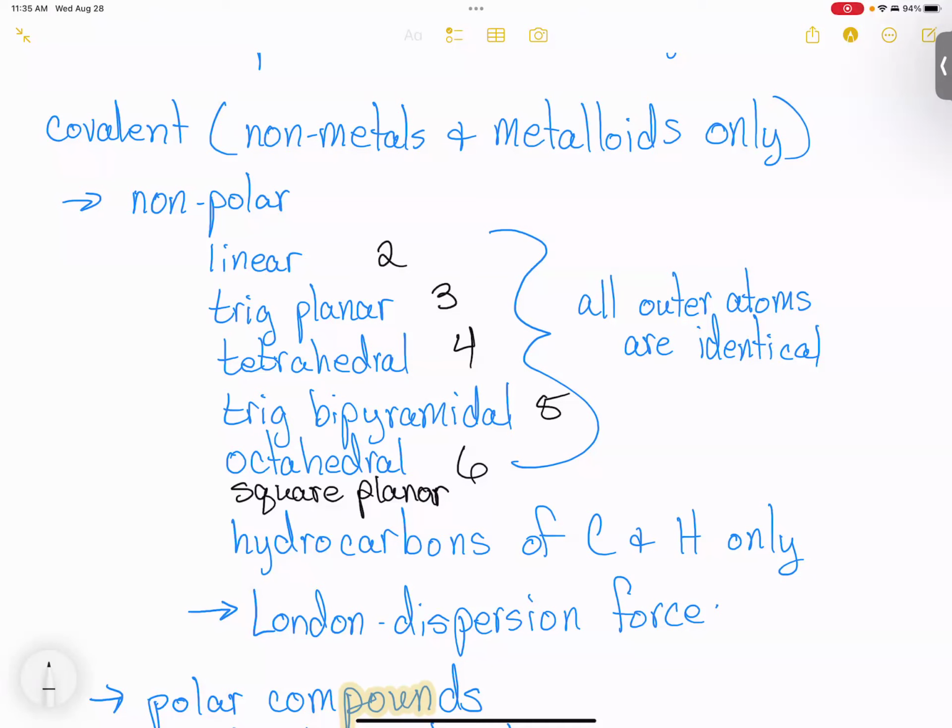That's why I went ahead and specified that when we're talking about nonpolar, it had to be carbon and hydrogen only. Because if I have a long chain of hydrogen and carbon, and I throw another element in there, then it still can be considered a hydrocarbon, but it's not going to fall into this nonpolar category.